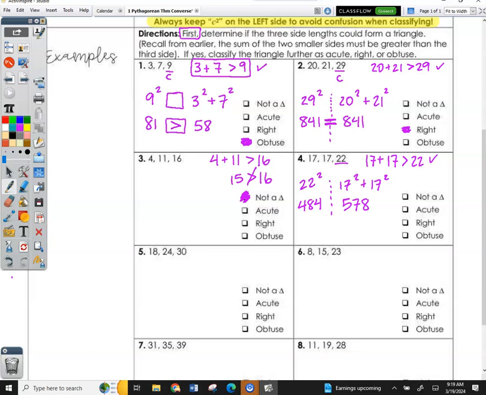And so I need to draw my inequality sign to open towards which number? 578. Which means that's a less than symbol. The hypotenuse squared is actually the smaller number, so it's acute.